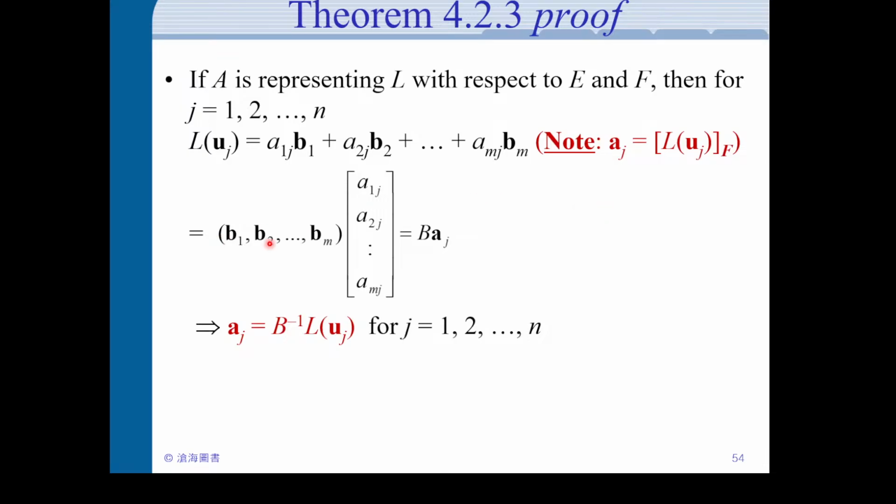And we want this to be equal to your B matrix times your A vector. aj is the vector we want to find. aj is the coordinate of L of uj. So we want to find all those aj, which is equal to the coordinate of L of uj, and we calculate what L of uj is in the standard basis.